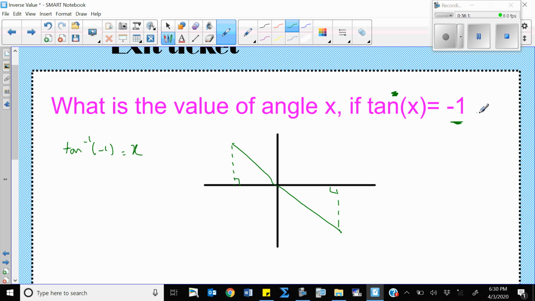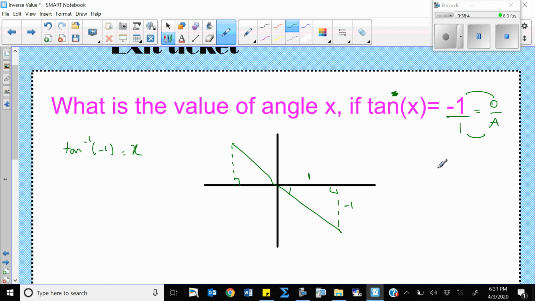Again, we know that tangent is opposite over adjacent, and we're going to put a denominator of 1 for this number that we have here, so we can match opposite by the top and the adjacent by the bottom. So opposite is negative 1 and adjacent is 1. That is going to be here. Opposite is negative 1 and adjacent is 1.